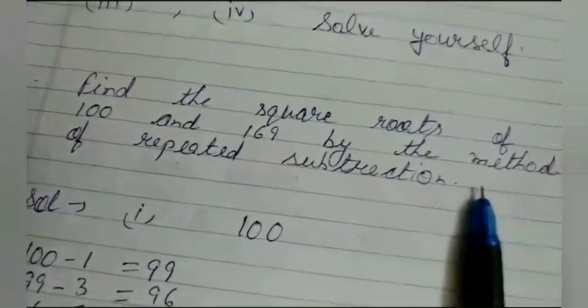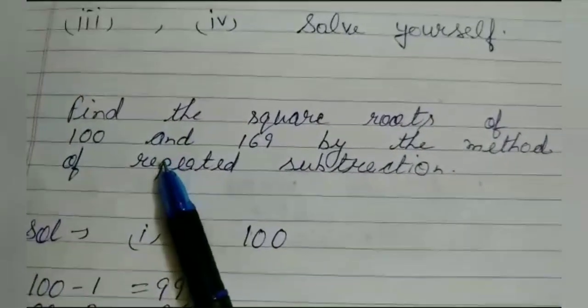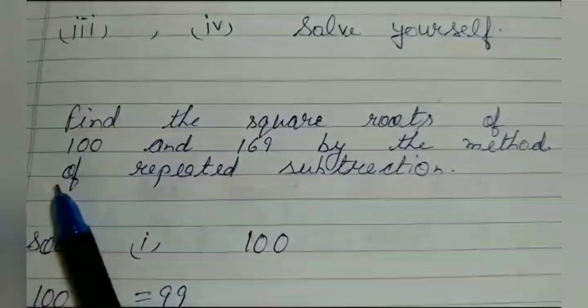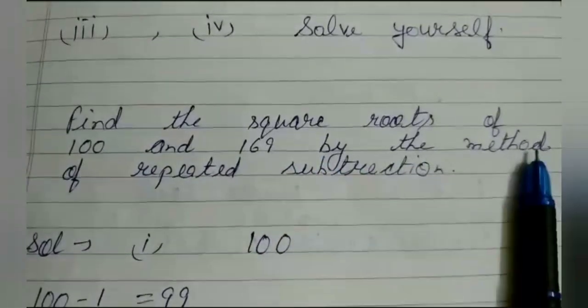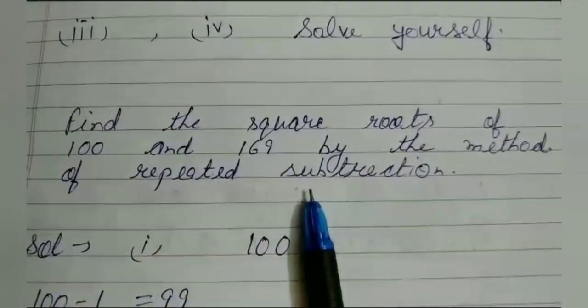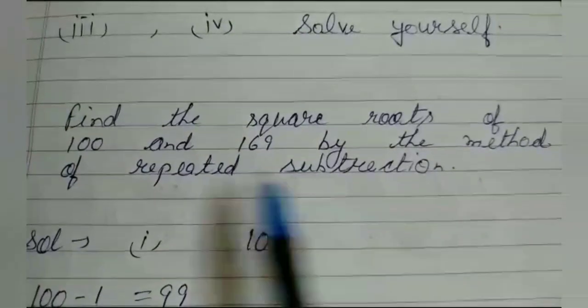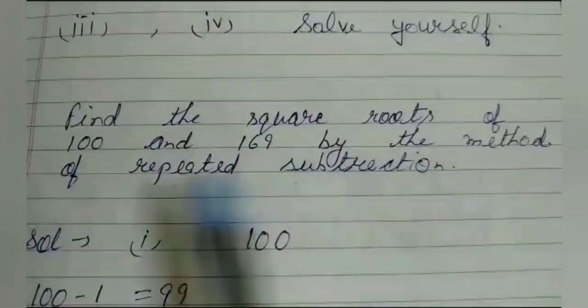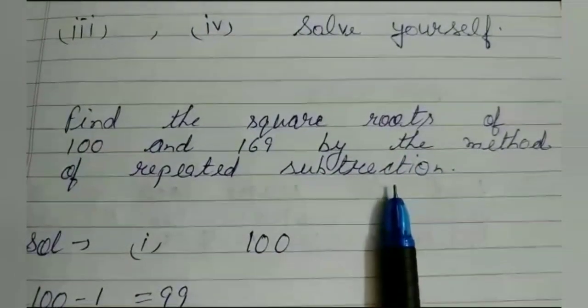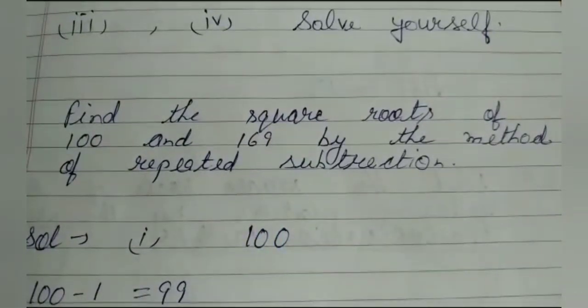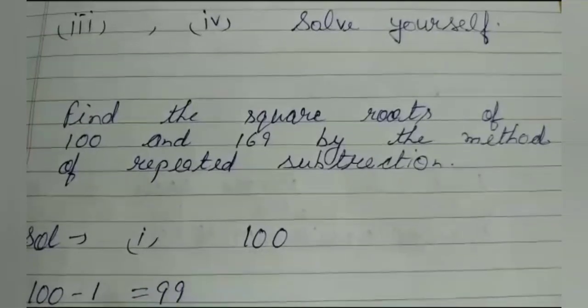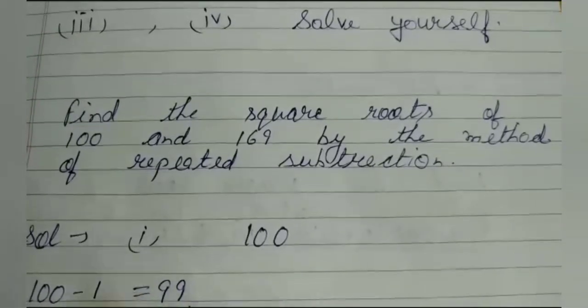Next sum, find the square root of 100 and 169 by the method of repeated subtraction. Clear? We find square root by the method of repeated subtraction. In this method, we subtract only odd numbers.